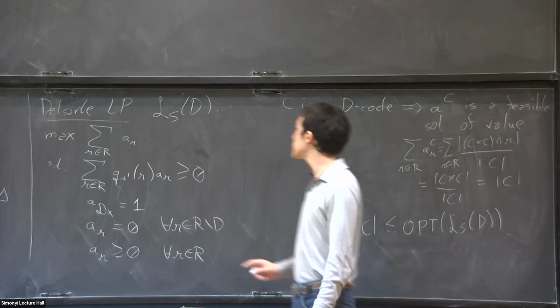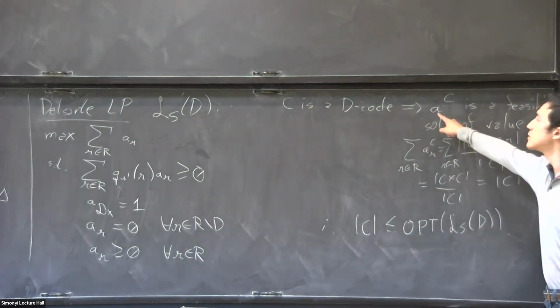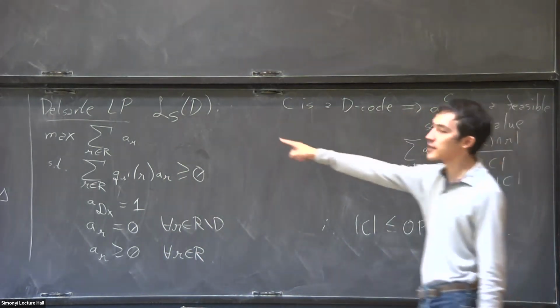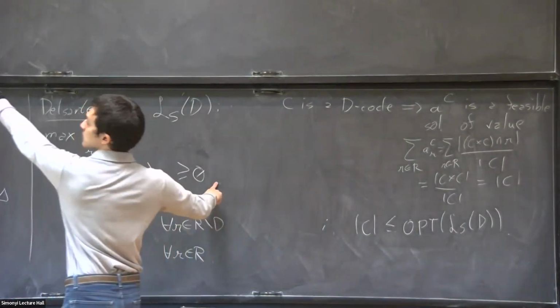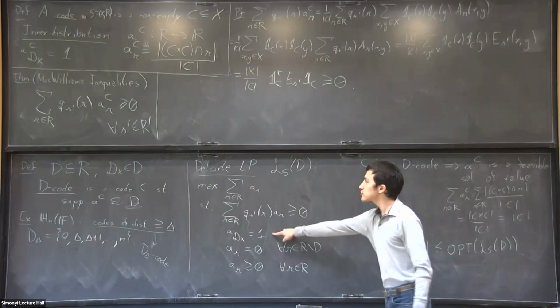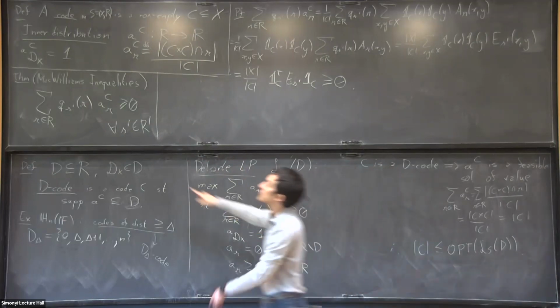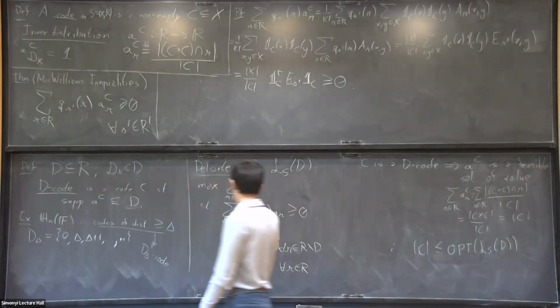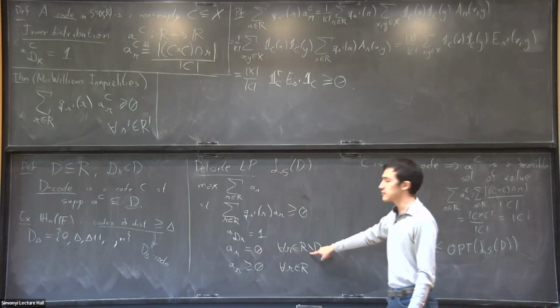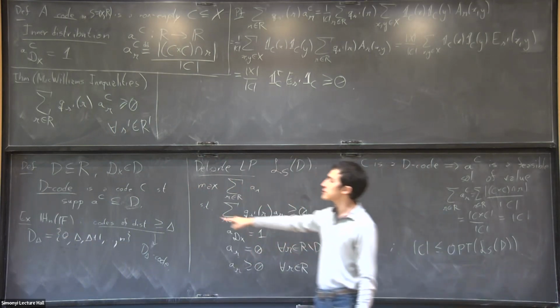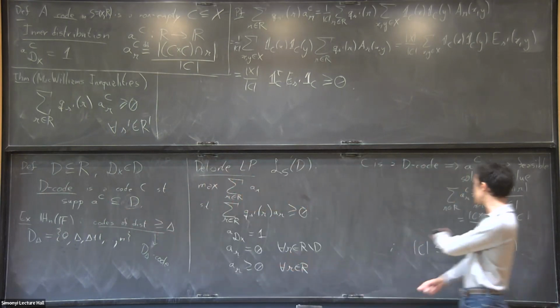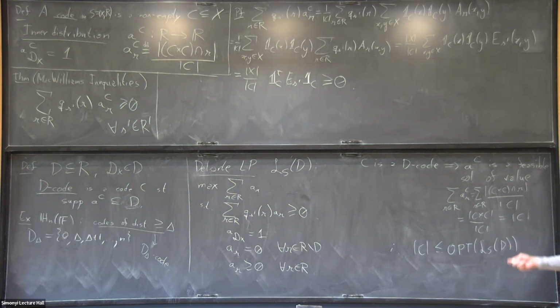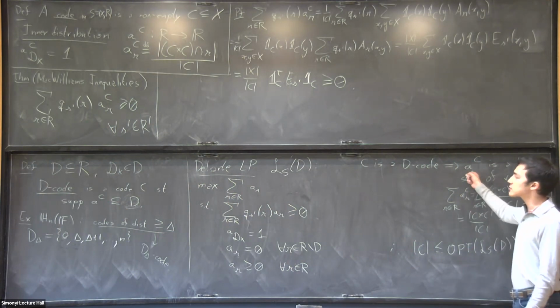Now the claim is that if I give you a D code, its inner distribution is a feasible solution. Why? These are the MacWilliams inequalities that we just saw. A_R equal to 0 for every R in R minus D is exactly saying that it's a D code, the support is contained in D, and greater than or equal to 0 is obvious because the A_R's are counting something. So these are always feasible solutions.